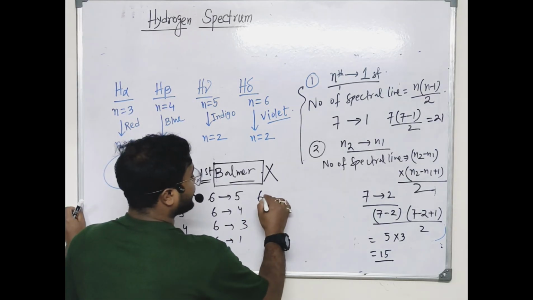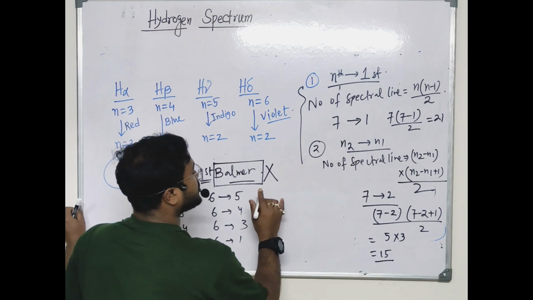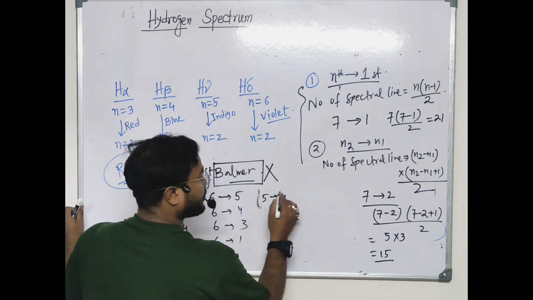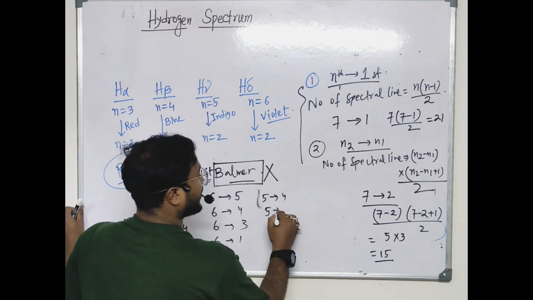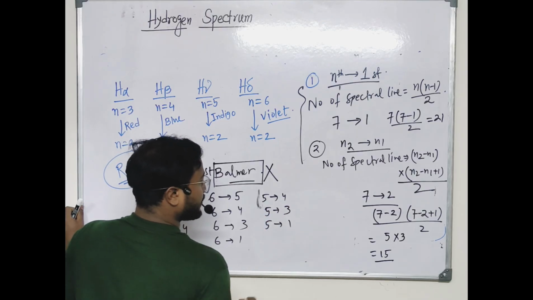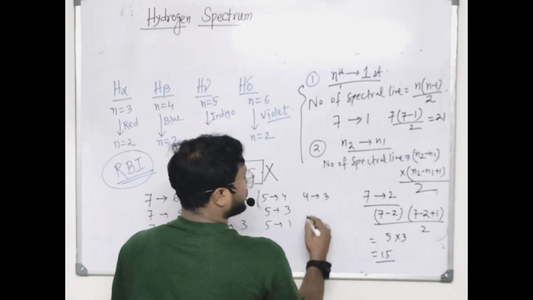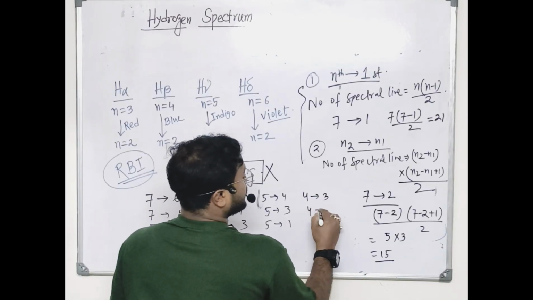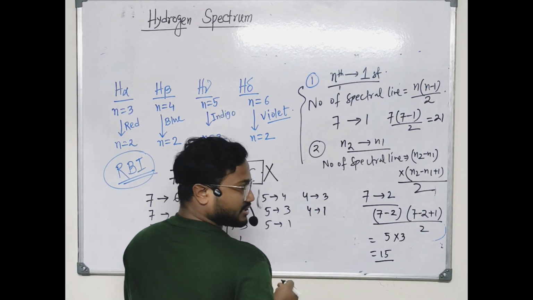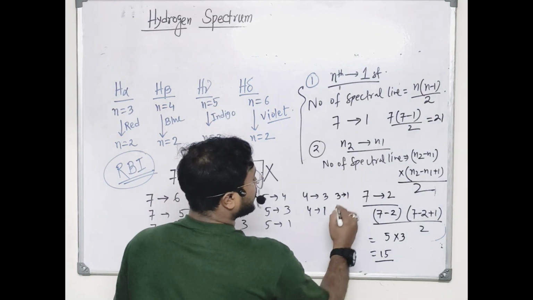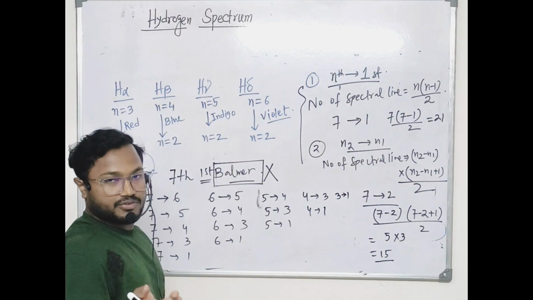Next possibility, 6 I have taken, so it will start with 5: 5 to 4, 5 to 3, 5 to 1. Another possibility from 4: 4 to 3, then 4 to 1, only this is the possibility. If you are taking 3, so 3 to 1. If you are taking 2, 2 is not there obviously.